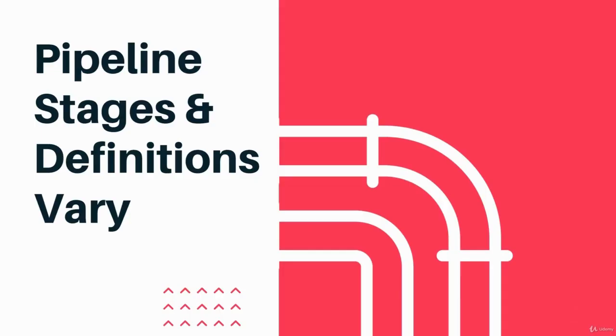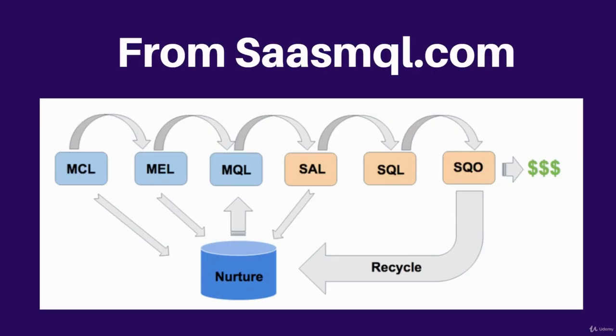Recognize that companies define the stages in the pipeline differently. You're welcome to customize definitions to fit your process. I'll walk you through the typical pipeline stages by using the framework provided by saasmql.com. First, I'll give an overview of the stages and then go into more detail on each. Pipeline starts with MCLs, or marketing captured leads.